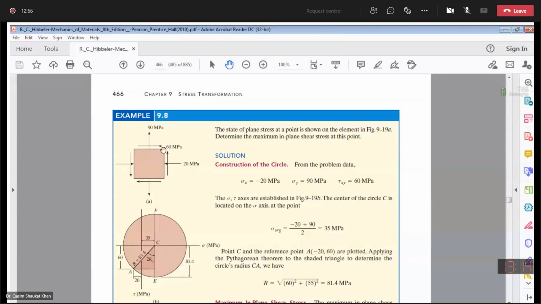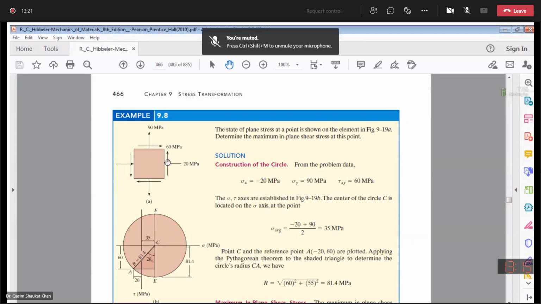Then you have the shear stress, tau xy, equal to 60 megapascals, because the vertical component is pointing towards the positive y-axis, so it is positive. Okay? Now you have the plane stress state data.